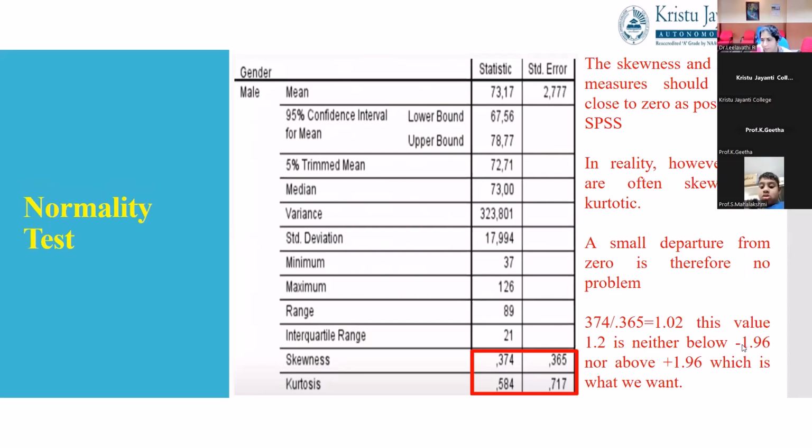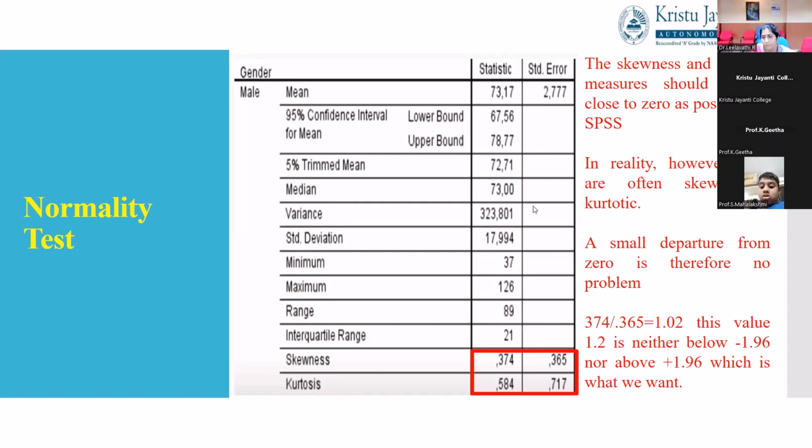If it is within that range, the data is normally distributed. So both values are within the range, which means the result indicates that data are normally distributed.